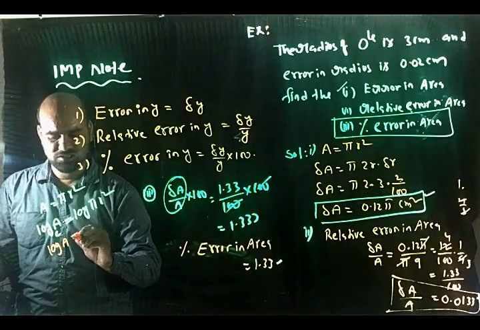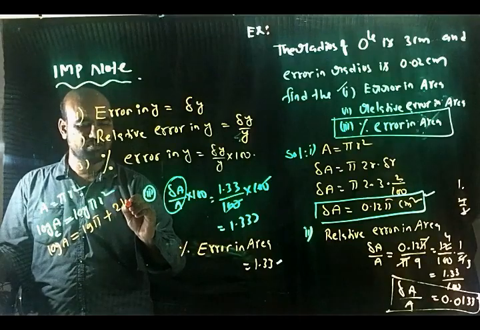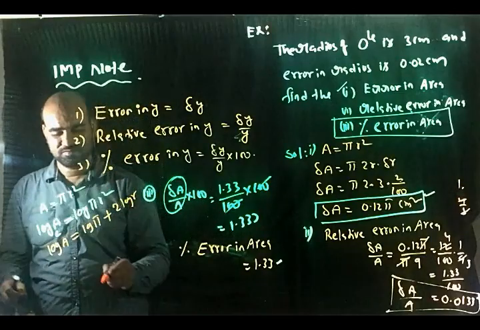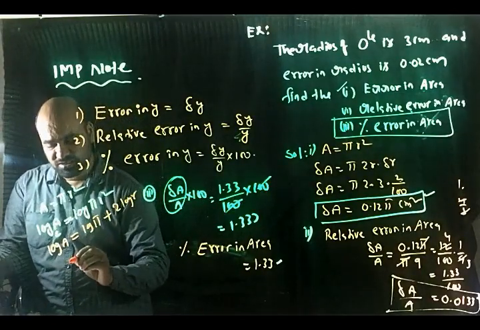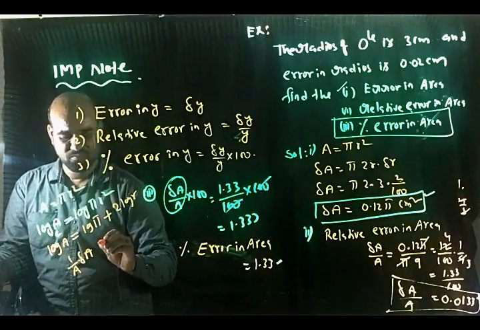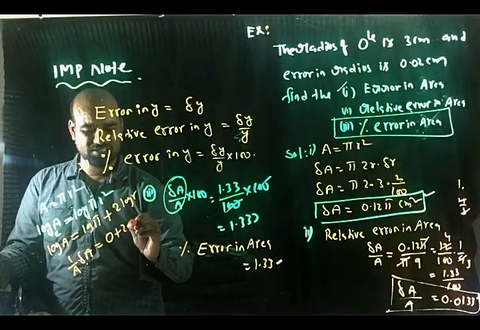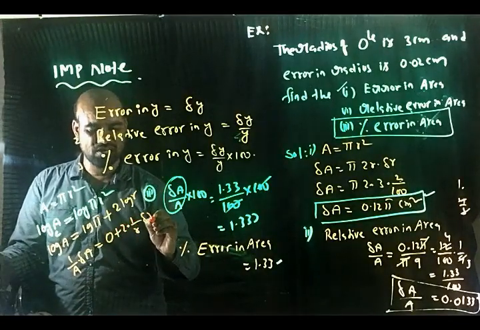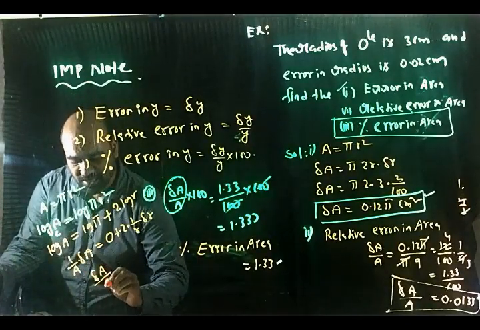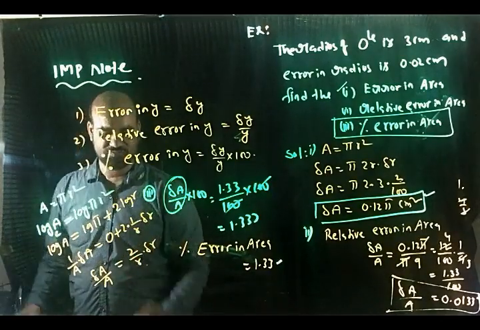Log A equal to log pi plus log r square, or 2 times log r I can write directly. Log of AB is log A plus log B. So now differentiating, 1 by A into delta A equal to log pi constant 0 plus 2 as it is 1 by r into delta r. So what I got here? Delta A by A equal to 2 by r into delta r.